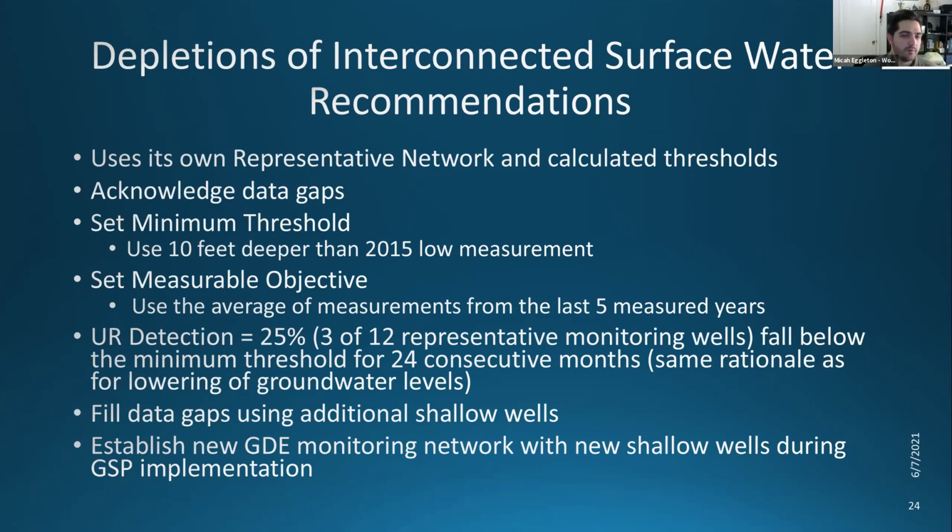I do not know that information off the top of my head, but I do know that if the '77 drought period has records for each of these wells, those are included in the calculation. Okay, I'm just curious which is lower and how we're setting it, since this drought is looking to be quite historic. Deborah, I think if you look at that reference document again, it shows the period of record for the wells, so that might be helpful.